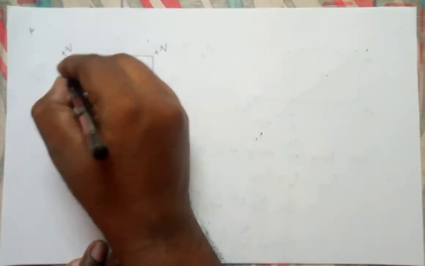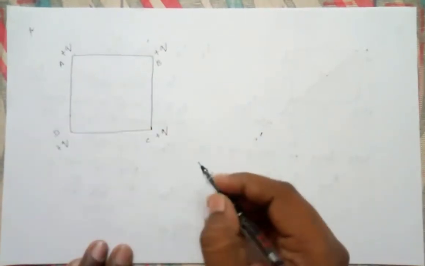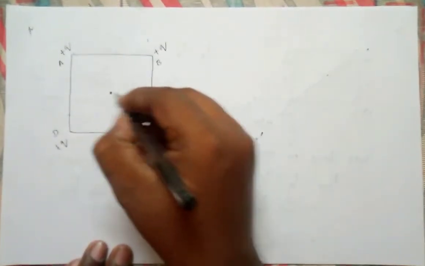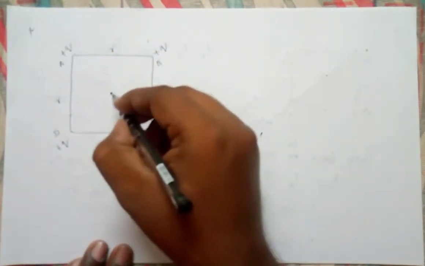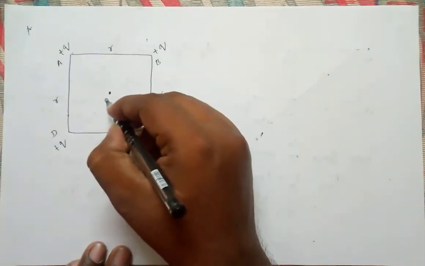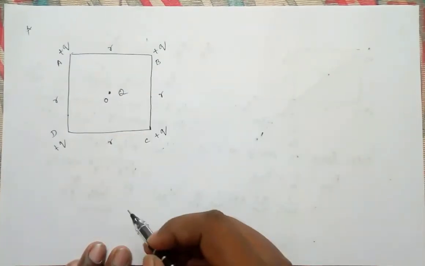These are the corners A, B, C and D, and each side length is r. This is the center of the square, and here we are locating capital Q.